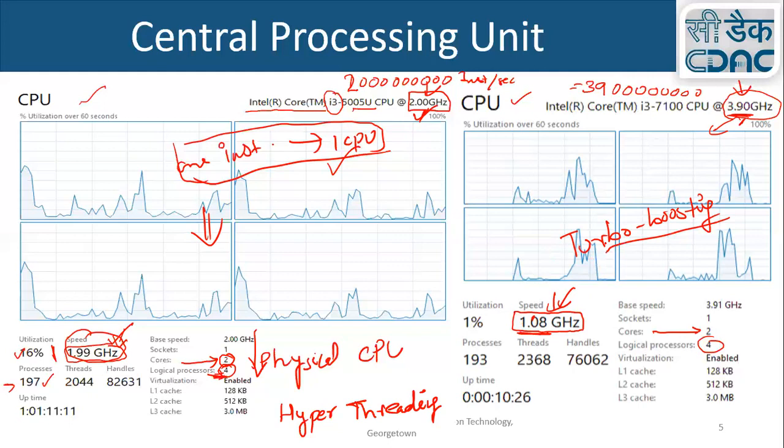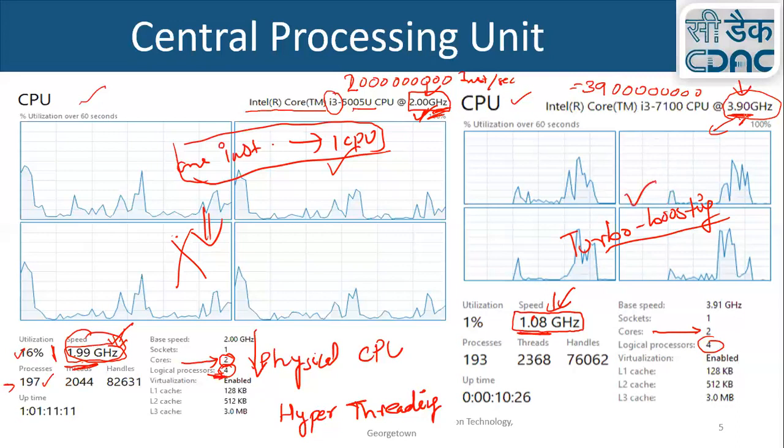In future slides, you can see the meaning of turbo boosting. For the time being, just remember this. In the CPU shown on the left side, there is no turbo boosting available, so the maximum speed is your CPU's speed at any point of time. Here turbo boosting is available.